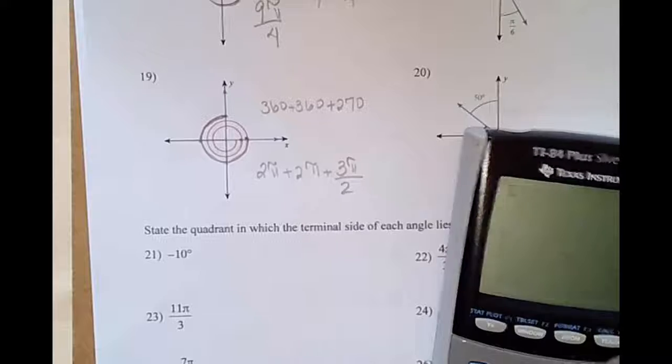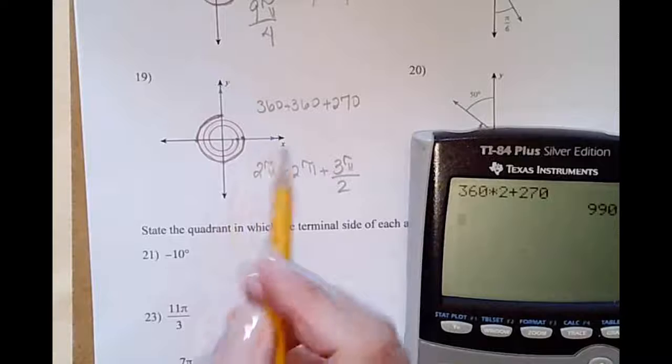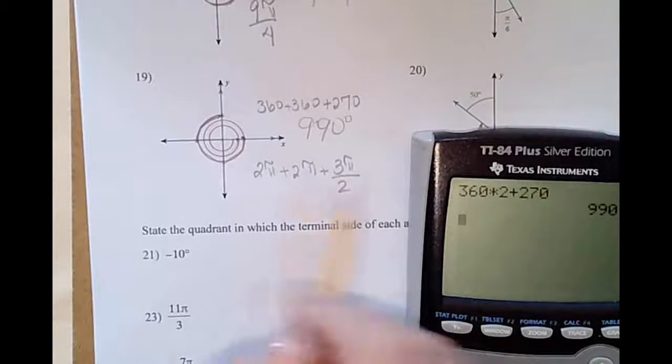I pull up my calculator because these numbers are getting big. 360 times 2 plus 270. It's easier for me to type it in that way. 990. So this is a 990 degree angle, awkward angle there, sorry, 2, 2, and 3 halves. So 2 plus 2 plus 3 halves.